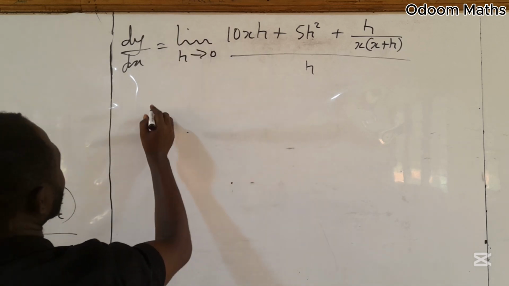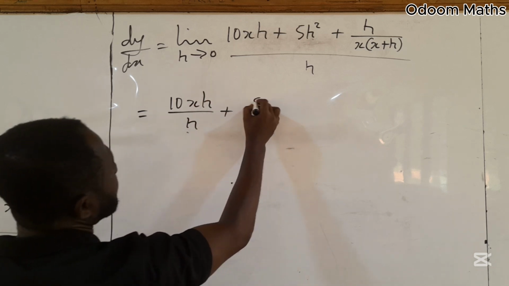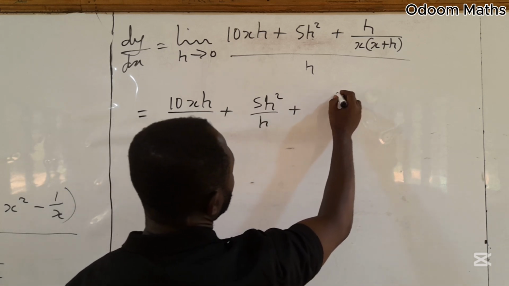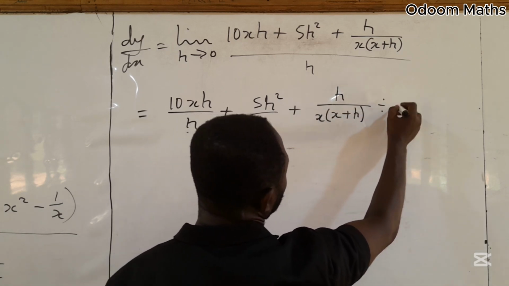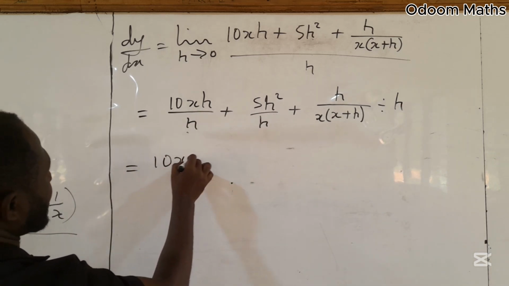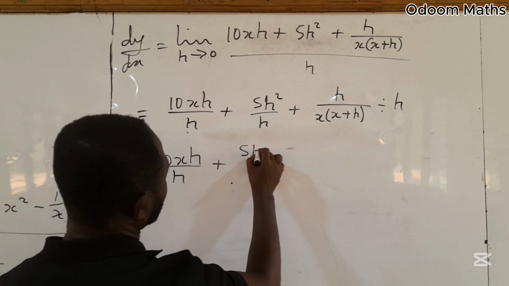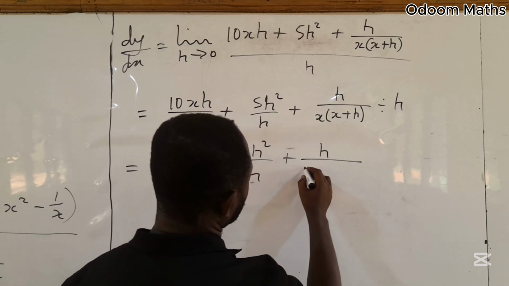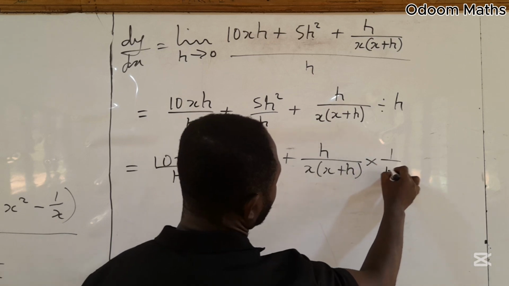That is going to be 10xh over h plus 5h squared over h, plus h over x into x plus h, also divided by h, which is h over x into x plus h times 1 over h.